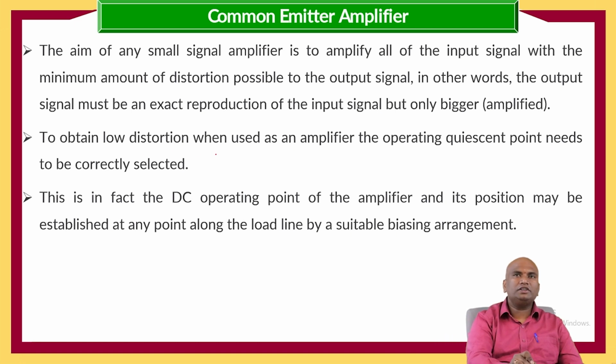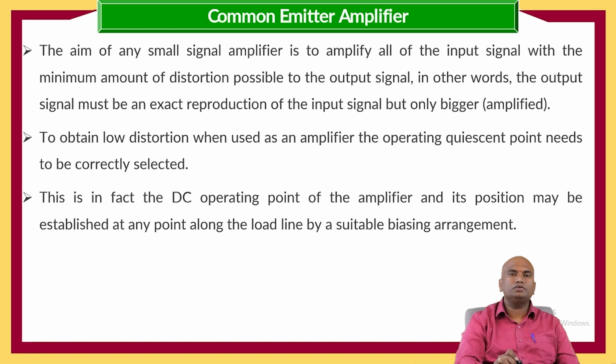To obtain low distortion when used as an amplifier, the operating quiescent point needs to be correctly selected. So when we take the operating point, based on the operating point, we are going to get different distortions in the output.